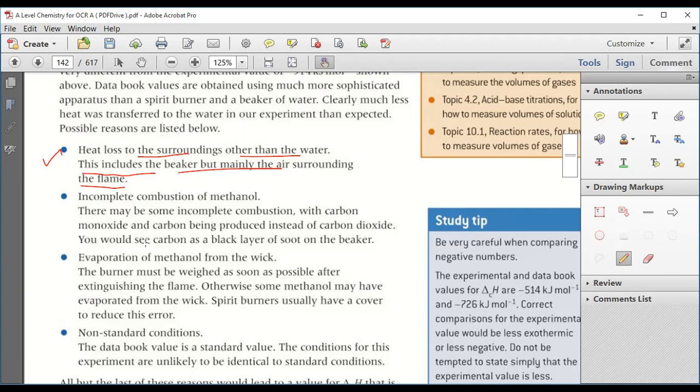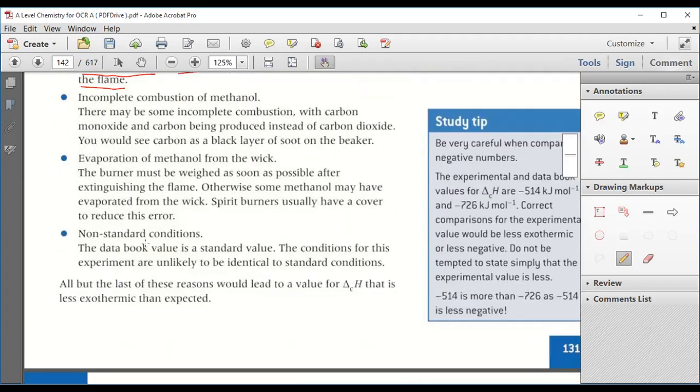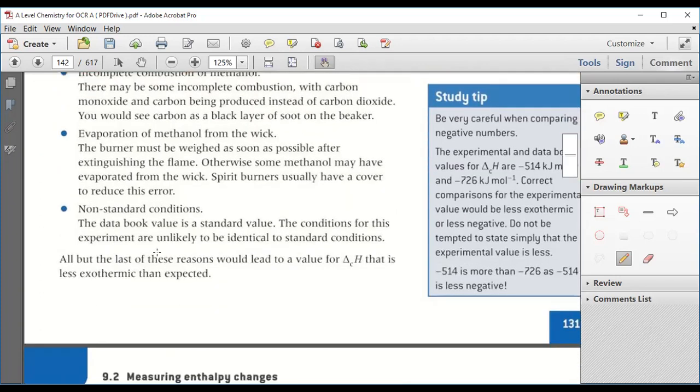Then again, the calculation will be a little different, because the methanol may have evaporated from the wick. A spirit burner usually has a cover to reduce this error. Fourth, non-standard conditions.